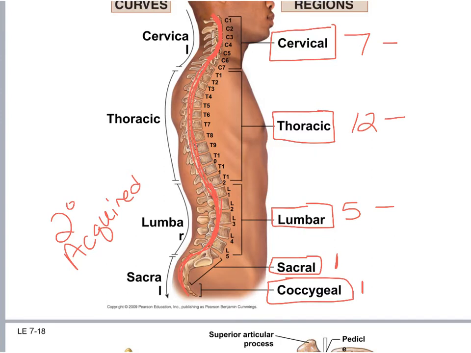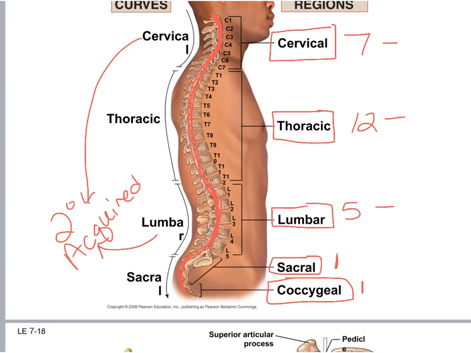The reason they are secondary is that the baby doesn't have those curves when the baby's born. They have some muscle tone, but weaker muscles. So when the baby's lying in the crib, the first thing they learn to do is lift their head up. And that then starts to develop that cervical curve.